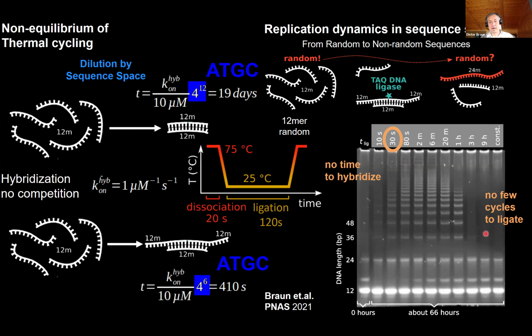So our analysis showed that if you go for a longer time, you're not ligating, not because you didn't give it enough time, but because you don't get many temperature cycles in the first place for the whole replication. So the molecules you choose set a time axis.